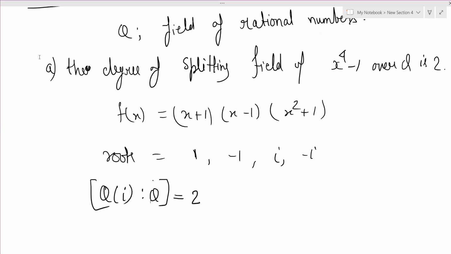So if there is any subfield in which f splits into linear factors, then iota is in that field. But Q(iota) is the smallest field containing iota and Q, so that field is Q(iota). Agreed or not?